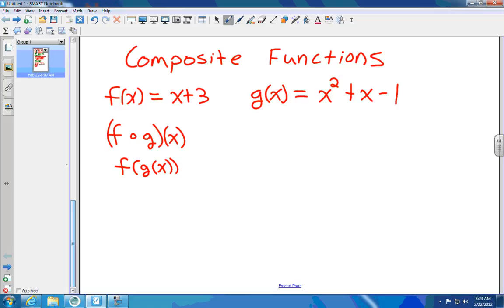They mean the same thing. This one is not as confusing to me as the FOG. So whenever you see this in your book, because all the directions are going to say to find this, that's not what I want you to write. I want you to write this one. The letters are in the same order, just with a parenthesis instead of the little open circle. That's read f of g of x.